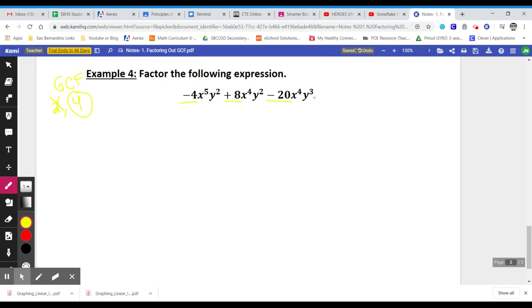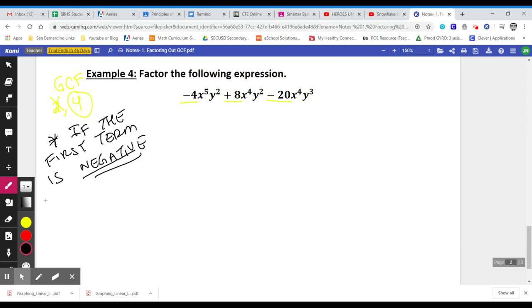The thing about this that I mentioned in the notes, or actually, I don't think I mentioned it in the notes up there on the steps, but I'm going to put a little note here so that you can remember: if the first term is negative, then you take out a negative.